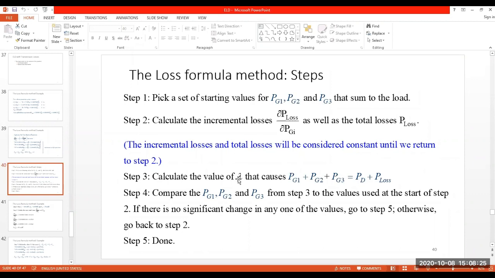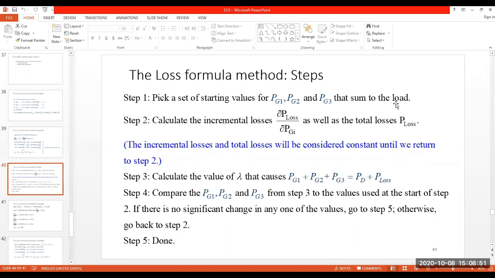Okay, so now what we do, we compare the PG1, PG2 and PG3 from step 3. What we will see at this step is basically this update. Initially we started with only the balance between PG1, PG2, PG3 and the demand.